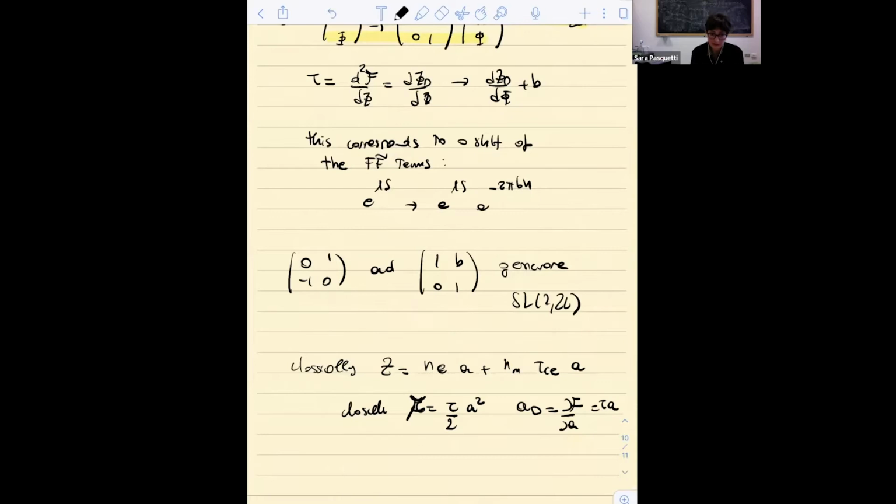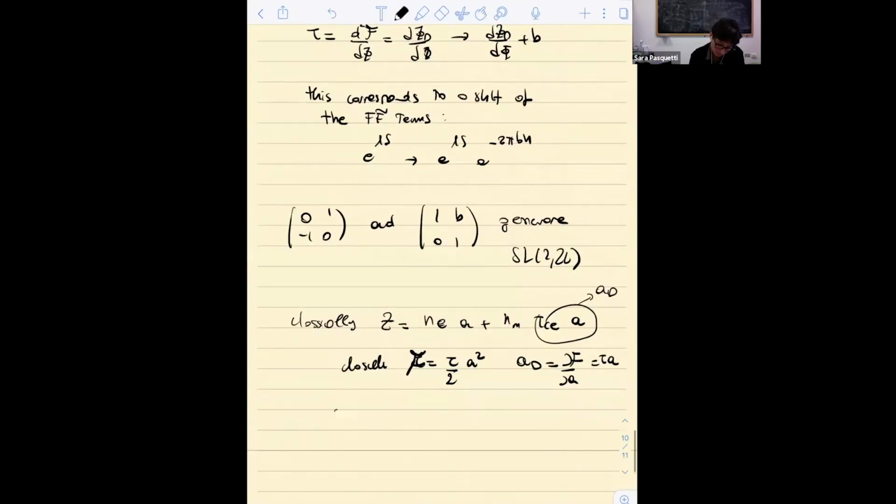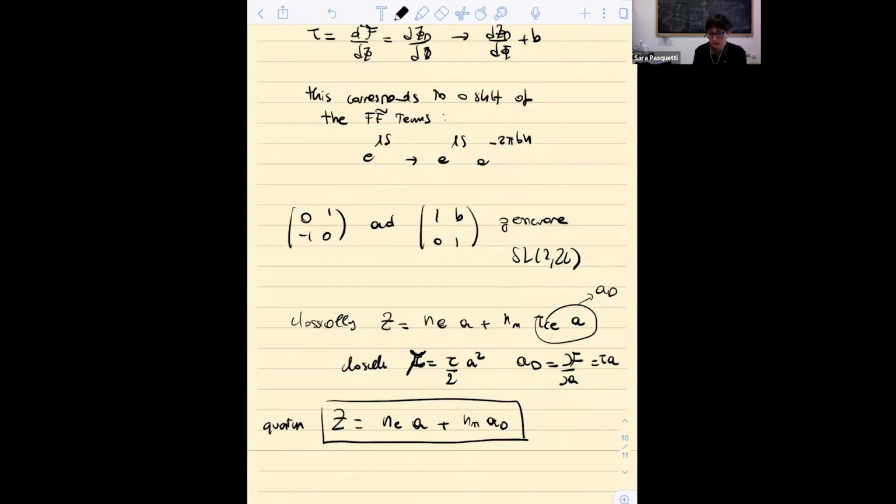So tau classical times a, I can think to replace as a dual. Okay, so the proposal by Seiberg-Witten is to modify this formula for the central charge in this way. So now instead of tau times a, I have a dual. So this formula makes sense also at low energy.